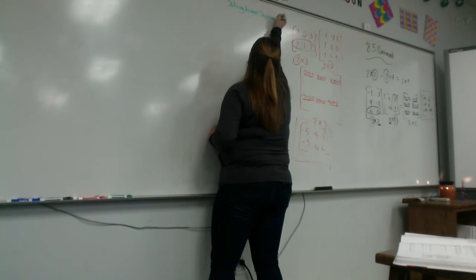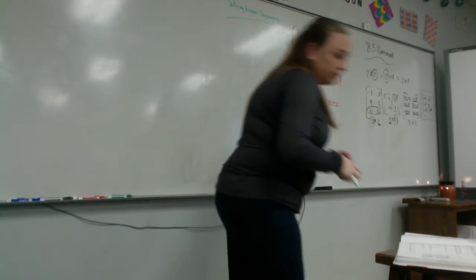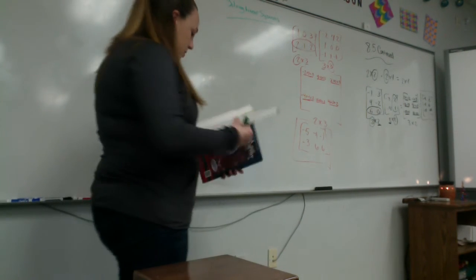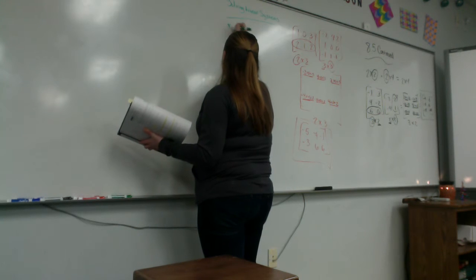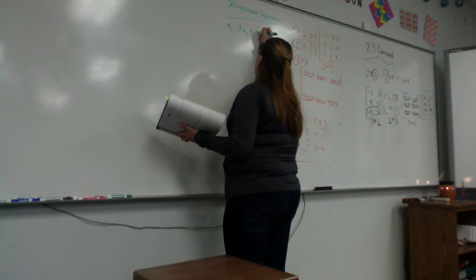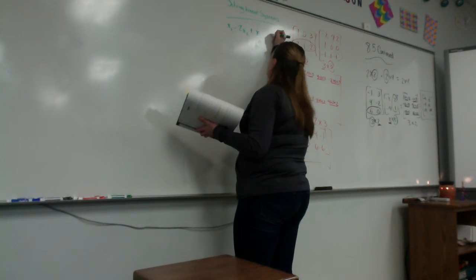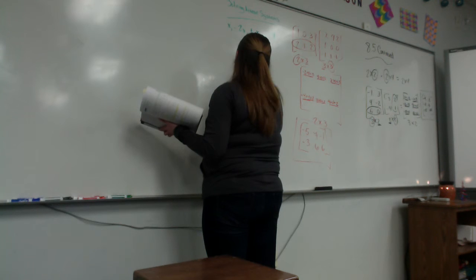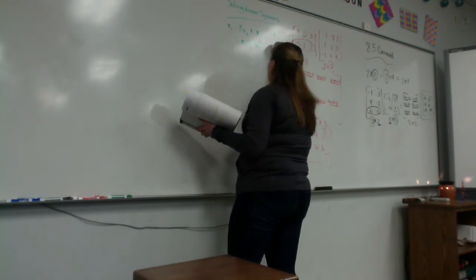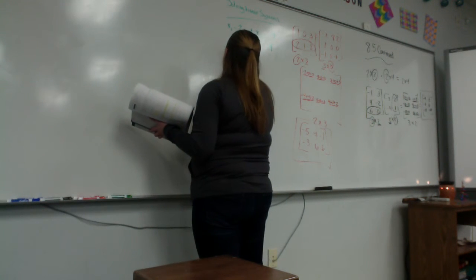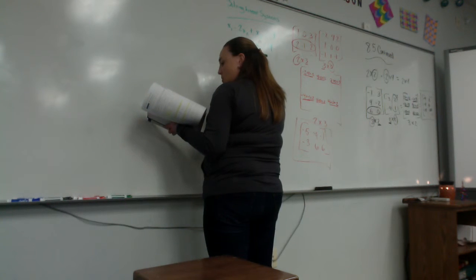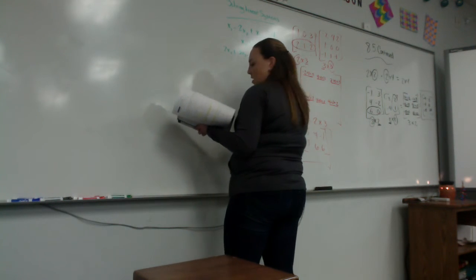Okay, so if I have a linear system that says, like this, x sub 1 minus 2x sub 2 plus x sub 3 equals negative 4. x sub 2 plus 2x sub 3 equals 4, and 2x sub 1 plus 3x sub 2 minus 2x sub 3 equals 2.